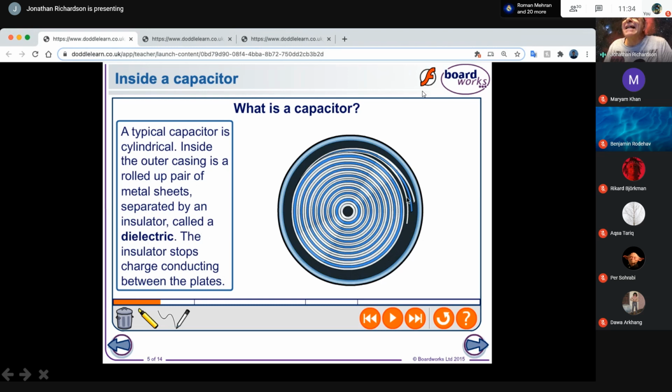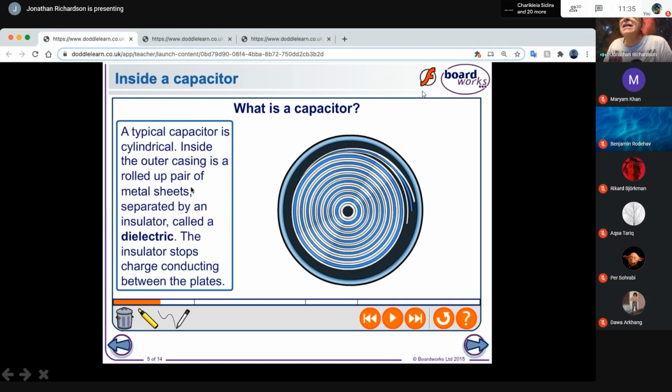And this dielectric is what keeps that metal plate separate from this metal plate. And the top of these and the bottom of these will be connected to the leads. So there is only 1 lead out, but if we trace the track of these, they will go all the way to the center just here.